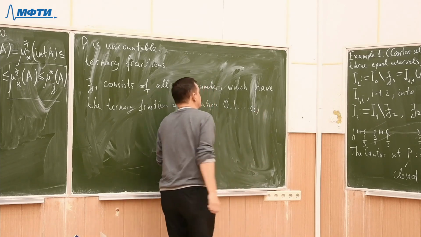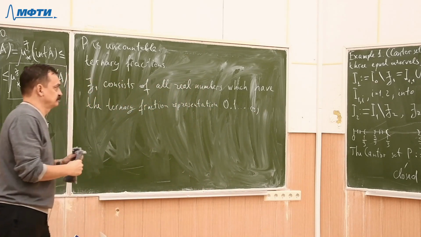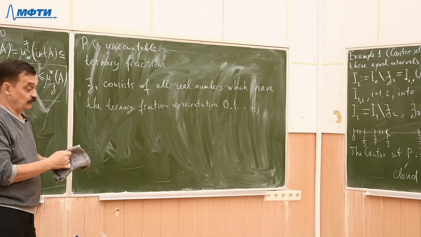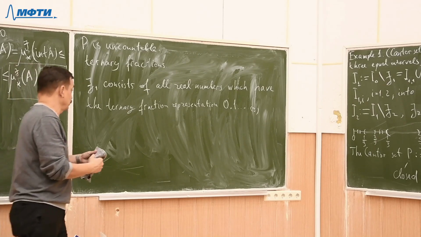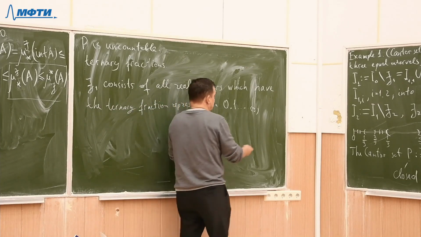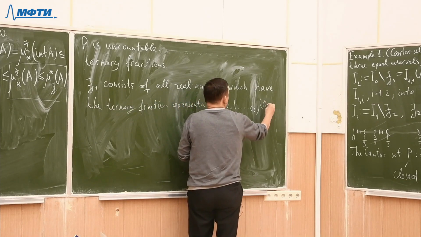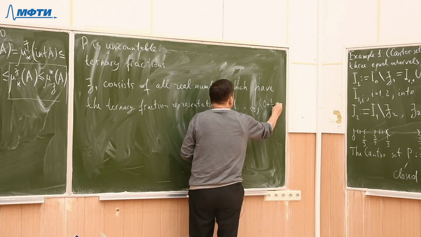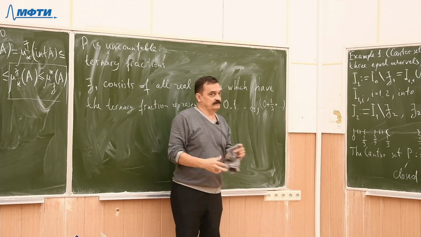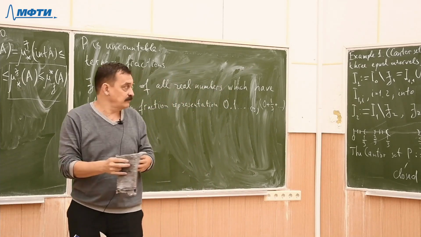That is a ternary fraction, right? I hope you know what a ternary fraction means. So that is 0 plus 1/3 plus something less than 1/3.